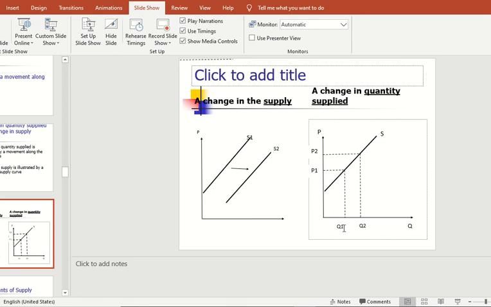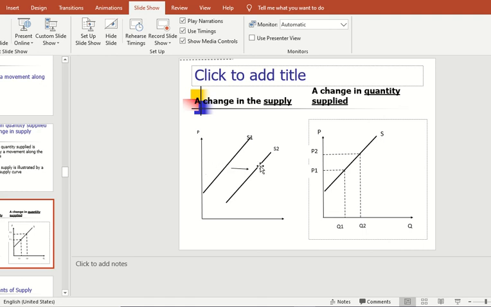The quantity, accordingly, increases. So in our language, we call this a change in quantity supply, or specifically an increase in quantity supply. We do not call this an increase in supply.